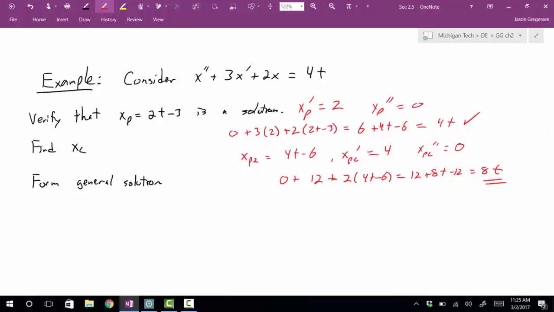Is 2 times x sub p a solution? It is not a solution. That seems strange, right? Can I multiply my solutions to get solutions? Not for the inhomogeneous problem. We were talking about solutions to the homogeneous problem. They form a vector space. I bring in linear algebra. That says you can't add your way out of the space, you can't multiply your way out of the space. So you can add these solutions together, you're going to get a solution.